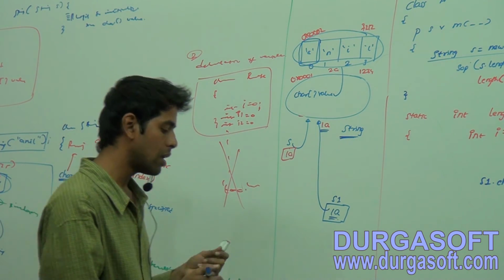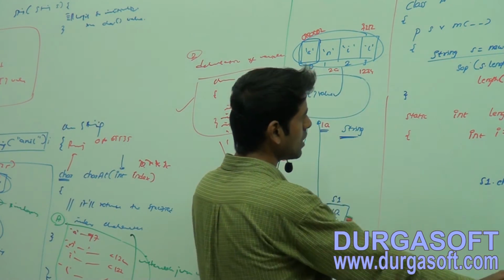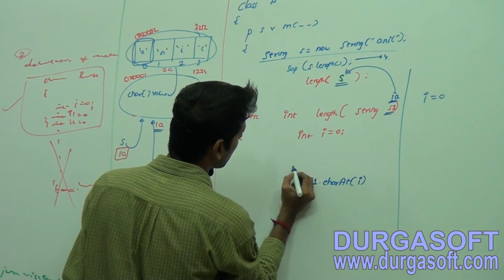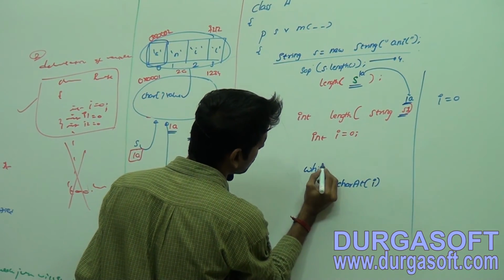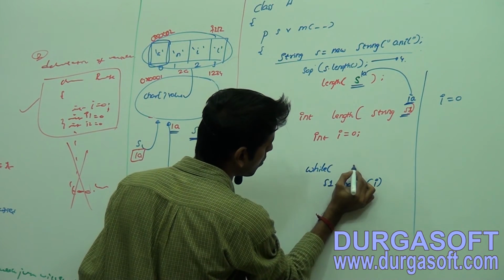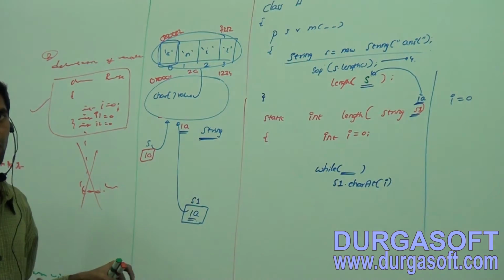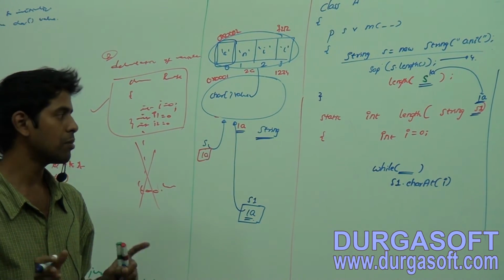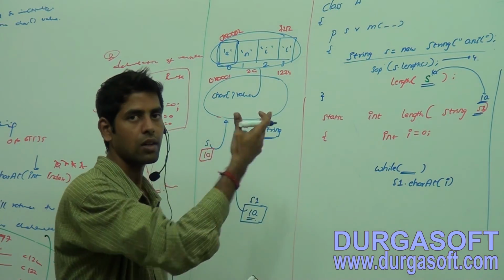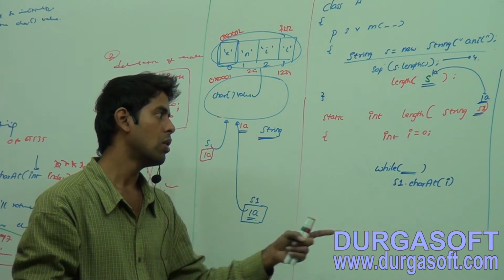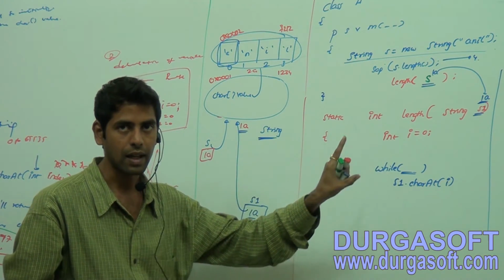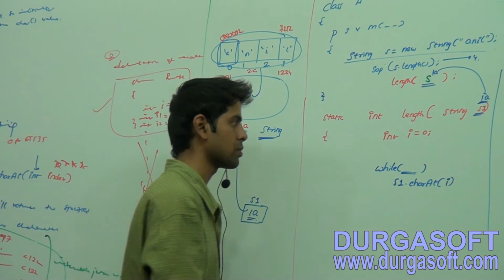Now let me use a while loop, friends. In a while loop you have to write the condition. I don't need a condition, so let me directly write true here.